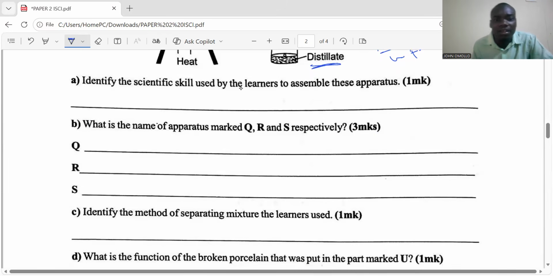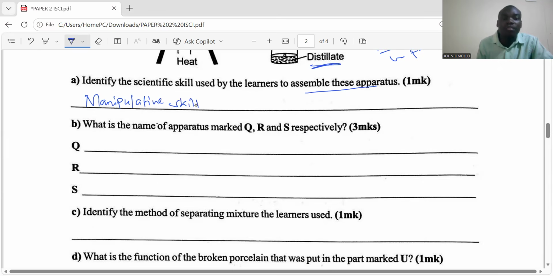Identify the scientific skill used by the learners to assemble these apparatus. The skill that deals with handling and assembling apparatus is called manipulative skill.